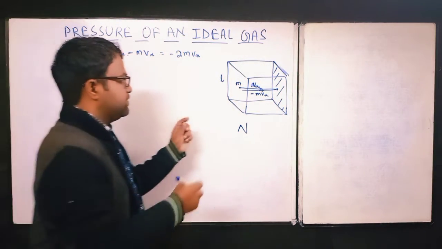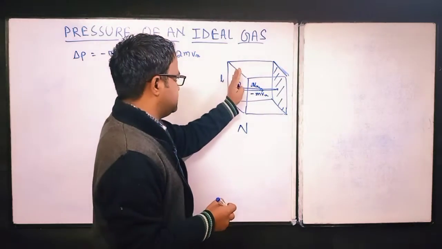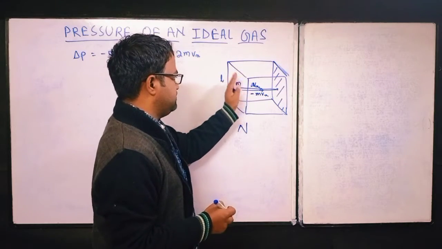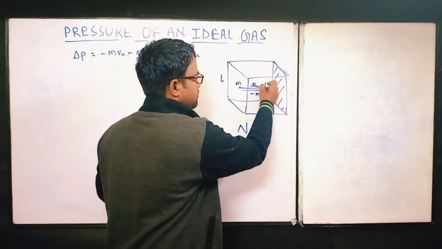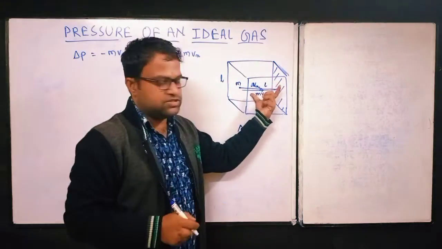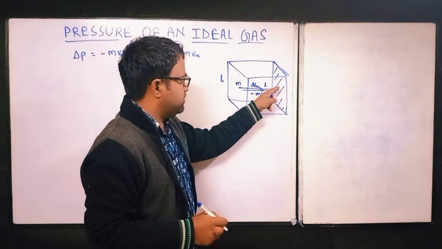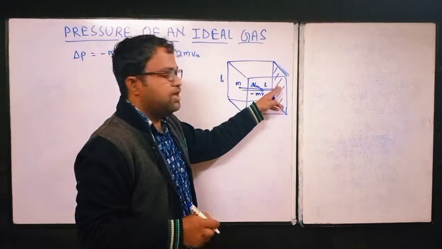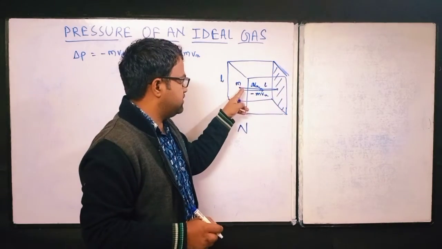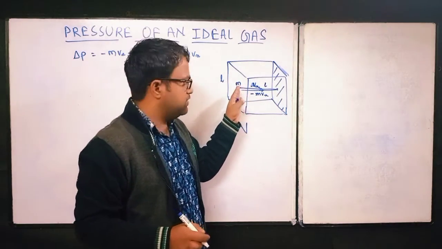Now let's say the molecule starts from the left hand side, and it is traveling a distance L, because the length of this box is L. So coming to this wall, striking here and coming back, how much distance is it covering? 2L, right?